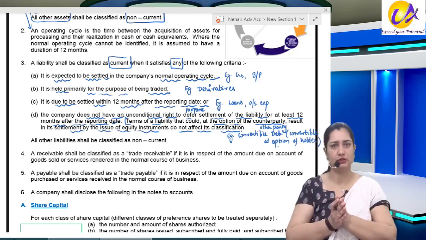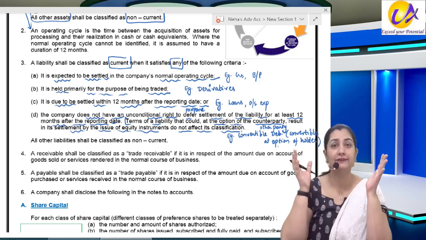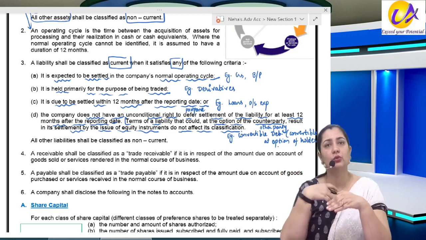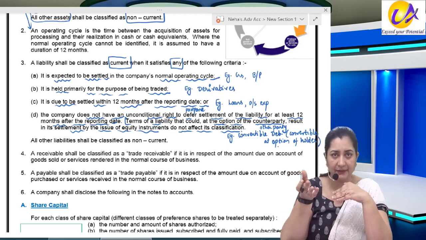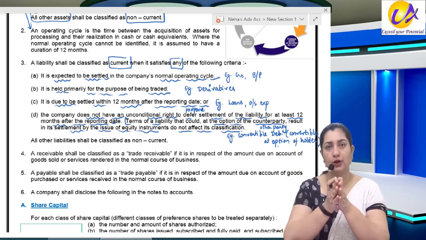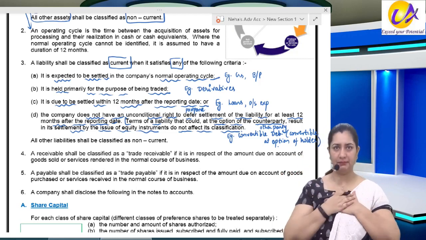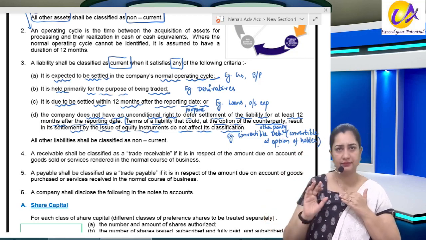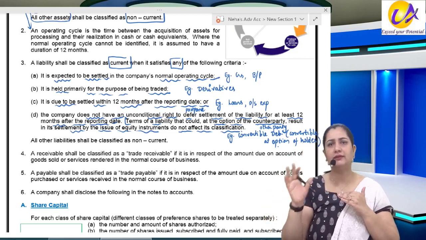So chalo, I'll explain this to you, okay? We all know what convertible debentures are. Convertible debentures means we are going to convert them into shares, right? Now for convertible debentures, there could be an option. The option is either with the company. The company has the option that we can convert it later on. If we want to convert it, we will convert it.